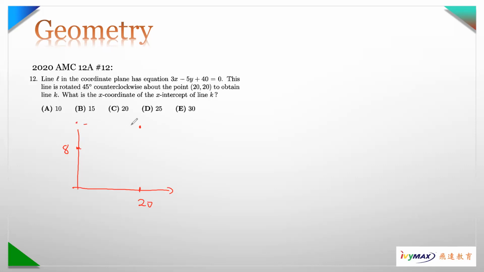So that's the little height. So that should be the line L, and it has been rotated 45 degrees. The new line is the line K. This angle is 45. Yeah. And they want to find out the x-intercept of that.